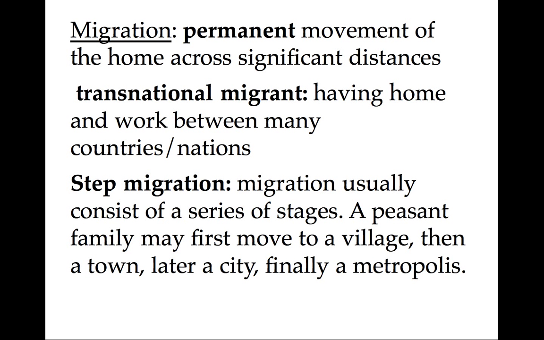So that's what is meant by step migration. Migration usually consists of a series of stages. So you might have a peasant family who lives out in rural areas. They move to a village. They stay there for maybe a year or two. Then they're moving to a town. Then they're moving to a city. And finally, they get to a metropolis. Okay, so that's step migration.